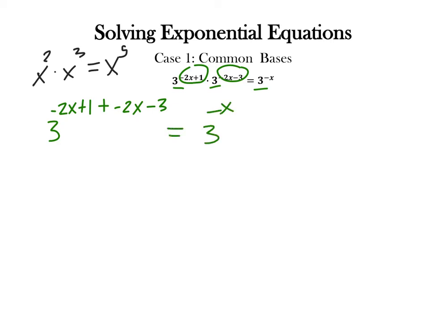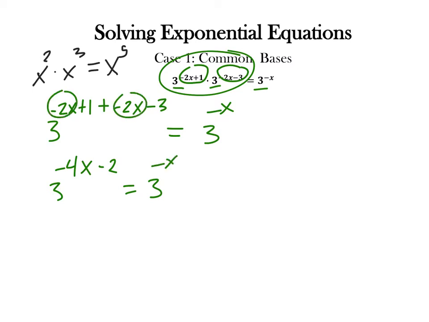I'm able to combine these two into just one by adding the exponents. Now I'm going to combine the common terms here. So that gives me 3 to the negative 4x minus 2 equals 3 to the negative x. I just combined the like terms, which are these right here, and then the numbers are also like terms, and that's how I got that negative 2.